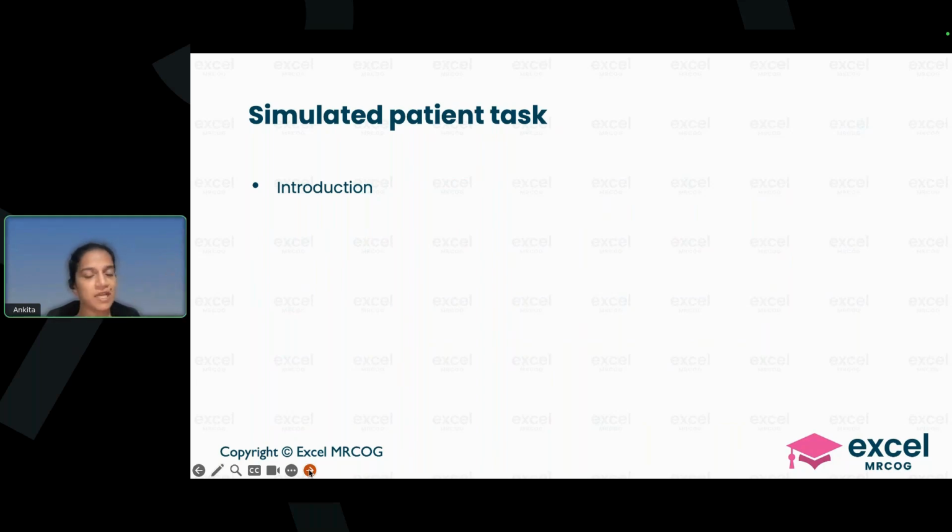Now they could be coming with a condition just like that, or they would be coming referred from a midwife, or they would be coming with a GP letter. Sometimes a lot of things are written in the task, like this patient was diagnosed with sickle cell anemia at the age of so and so. Then she had blood transfusions. Then she was started on this medicine. Then she visited her GP last at this date, and now she's pregnant, and now she's come to you.